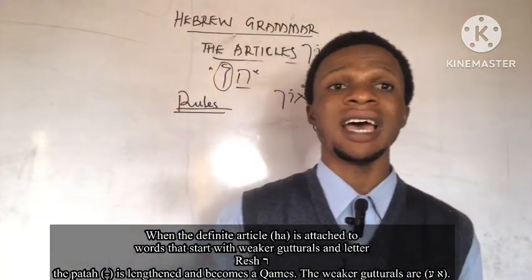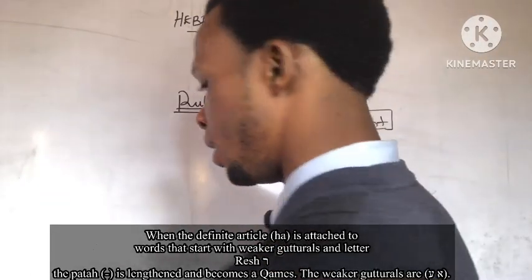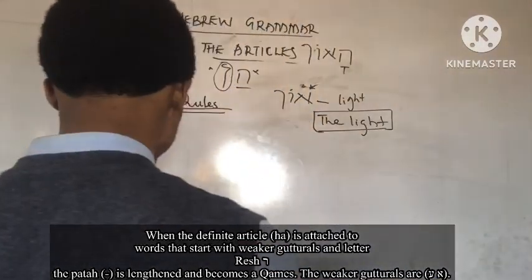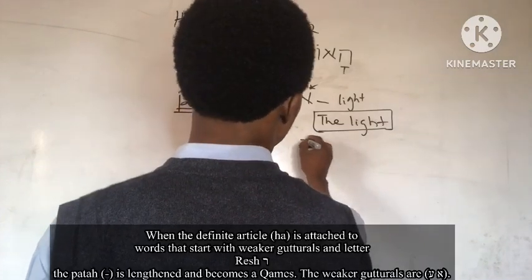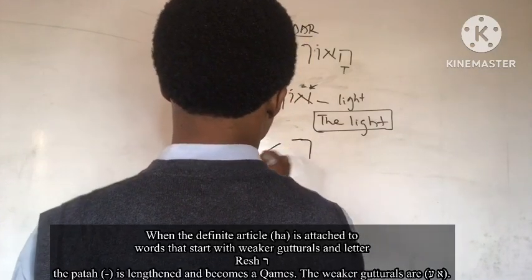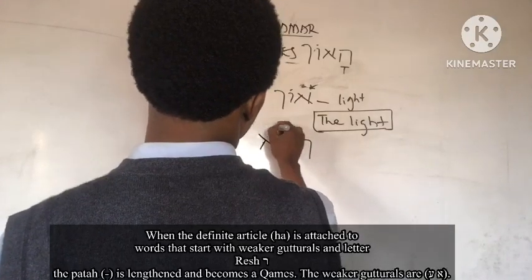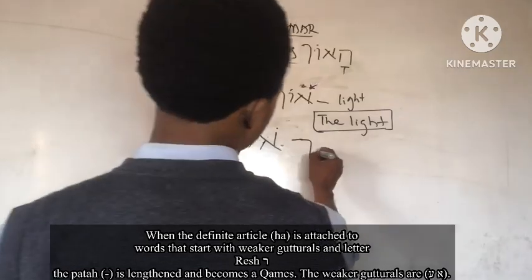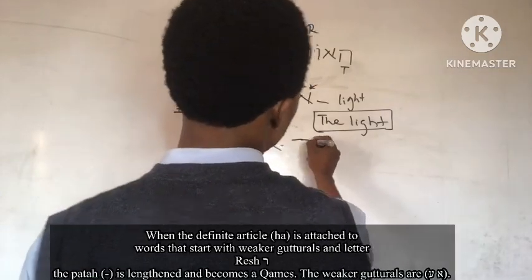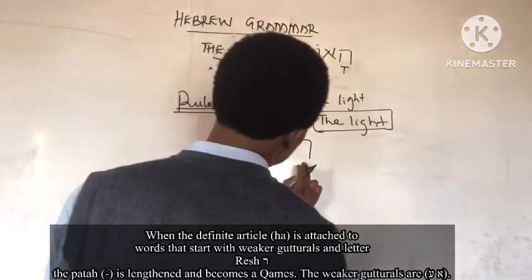I have another example from that: words like rosh. Rosh means head. Now look at this one, it starts with a resh. So how do we do this too?